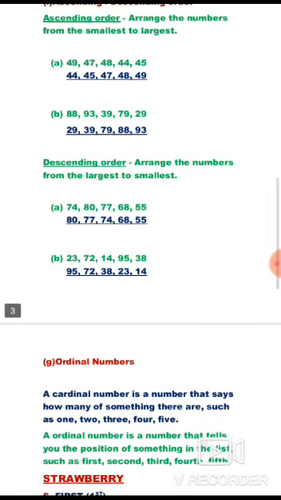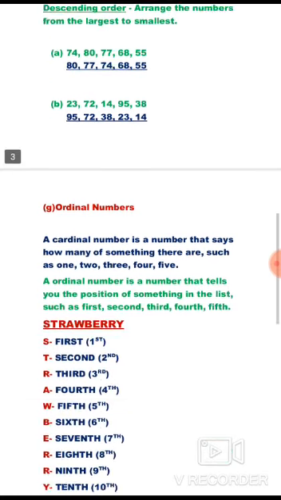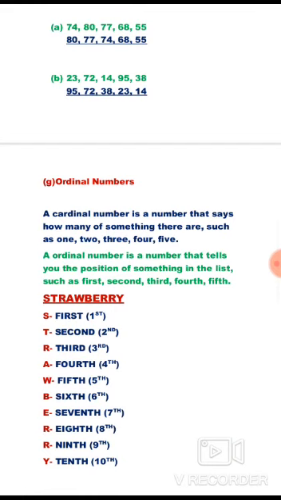Now we will discuss it with the help of a 10-letter word, that is strawberry. The first letter is S. Spelling of first is F-I-R-S-T, and in short form we write it 1-S-T, first.